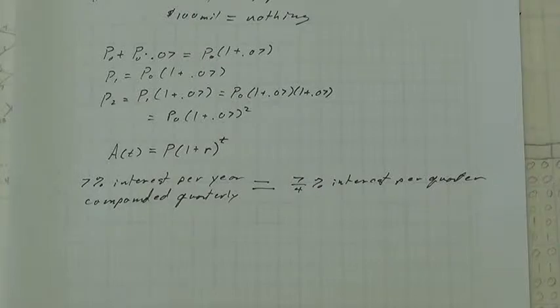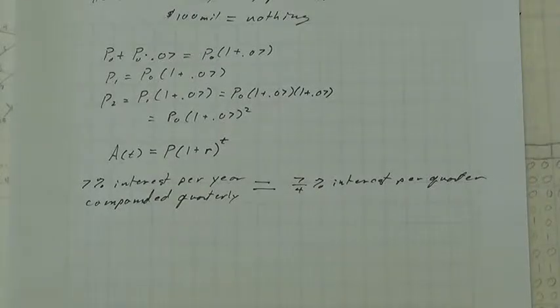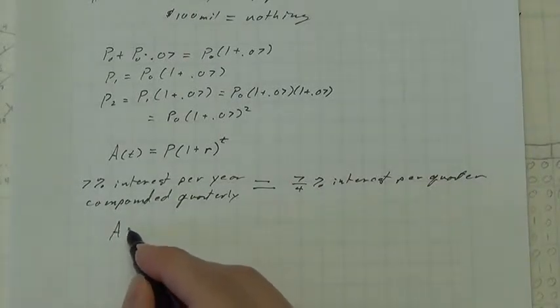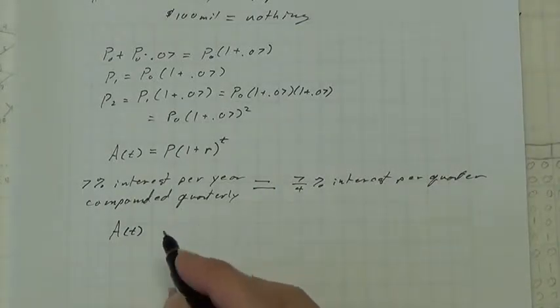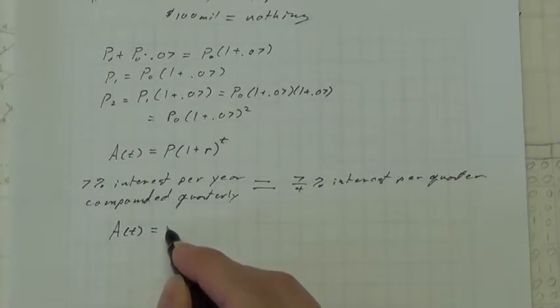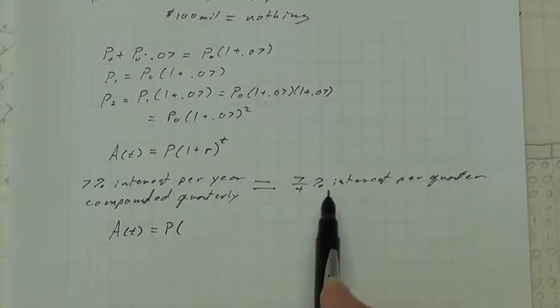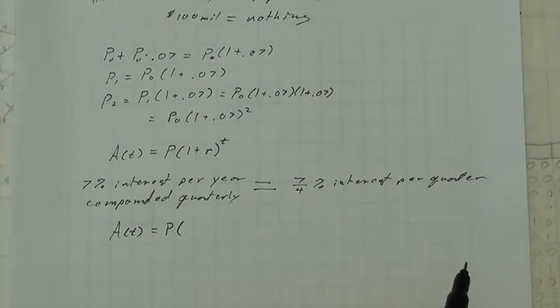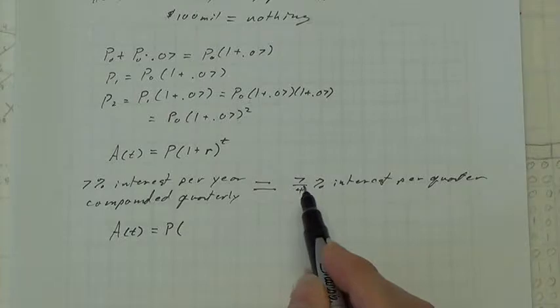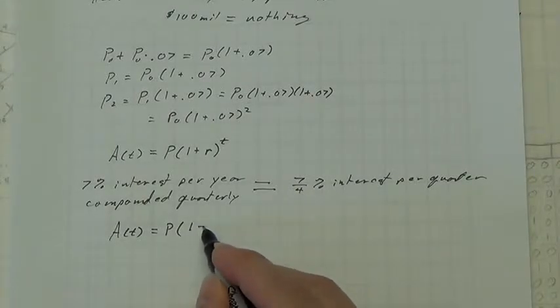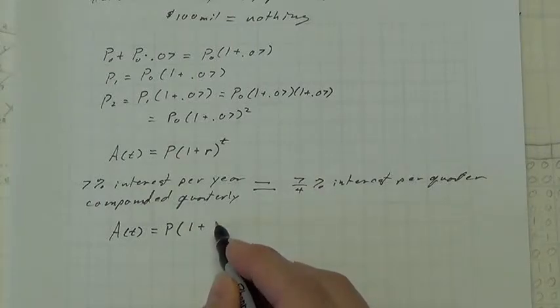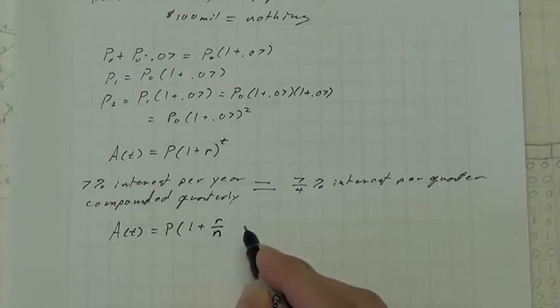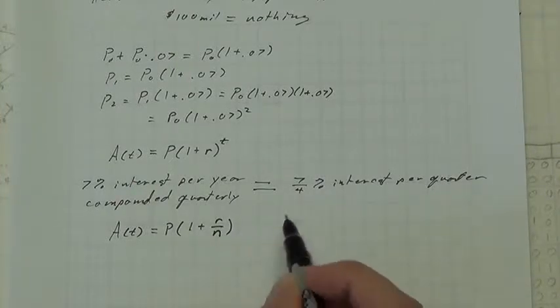All right, so the way to calculate that is 7/4% interest per quarter. Well, that's a rate divided by a number of compounding periods per year. That's what our rate per quarter is. So I'll call that R over N. R, the interest rate, and N the number of compounding periods.